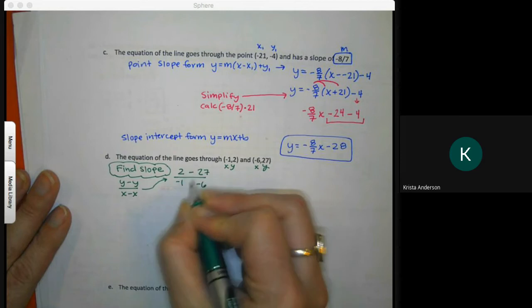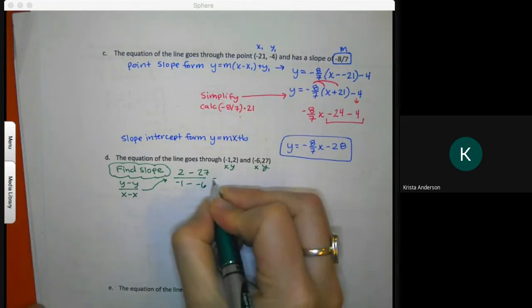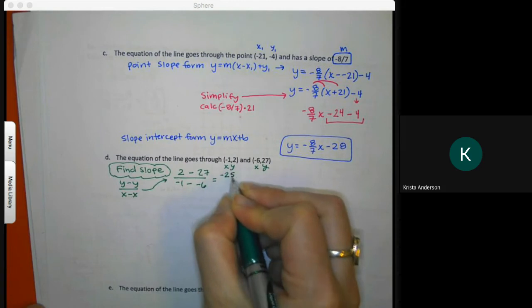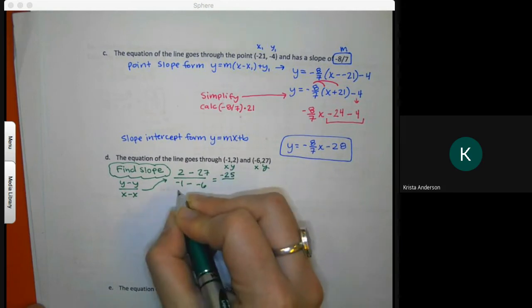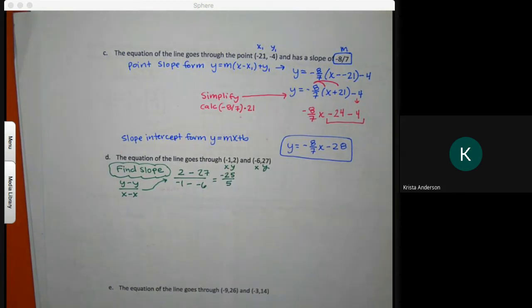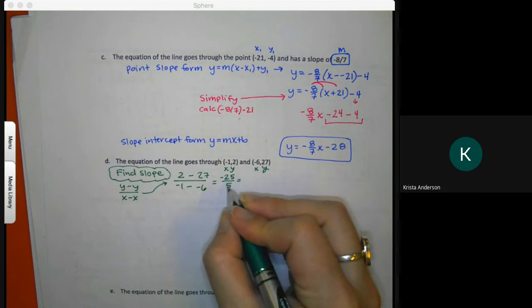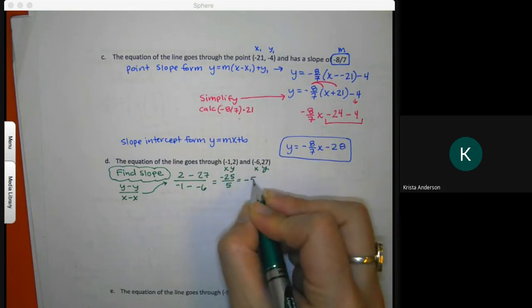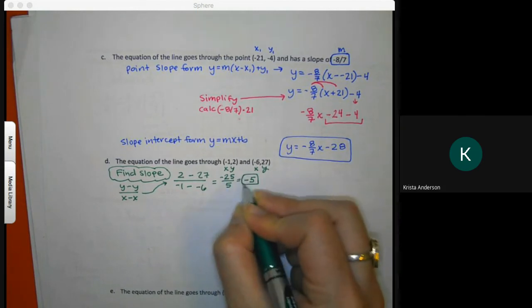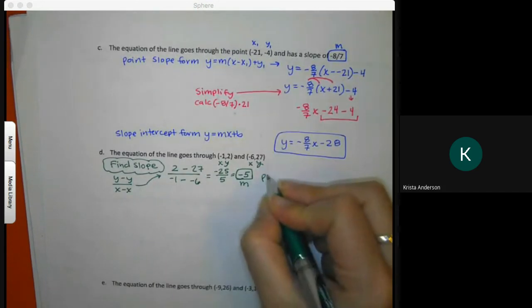I put my minus signs in. That gives me -25 over -1 plus 6. -1 plus 6 is 5. When I reduce that, 25 divided by 5 is 5. This is my slope.